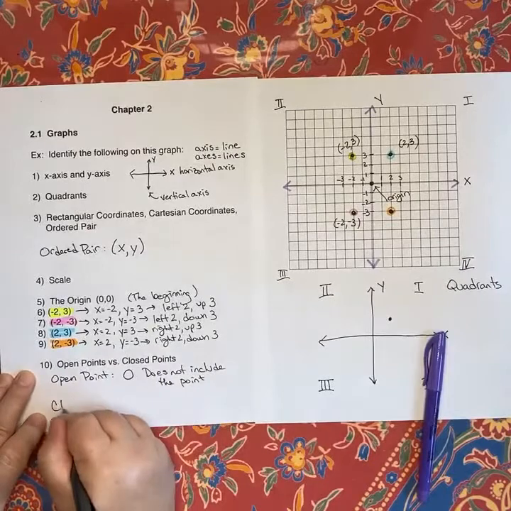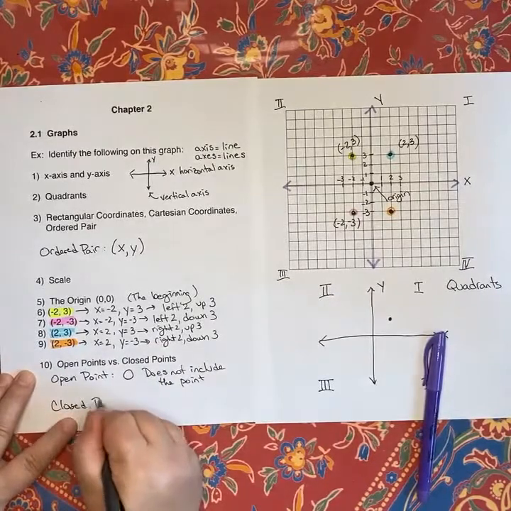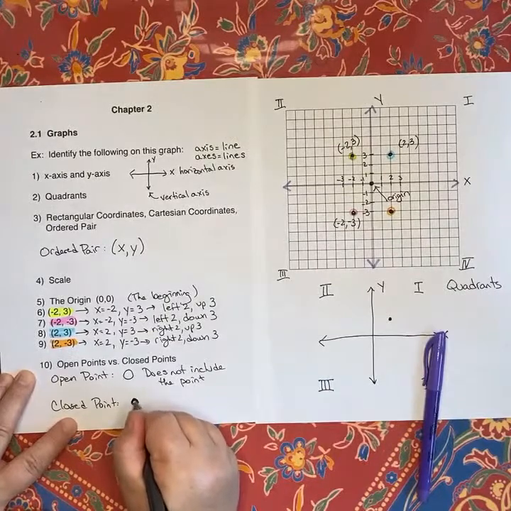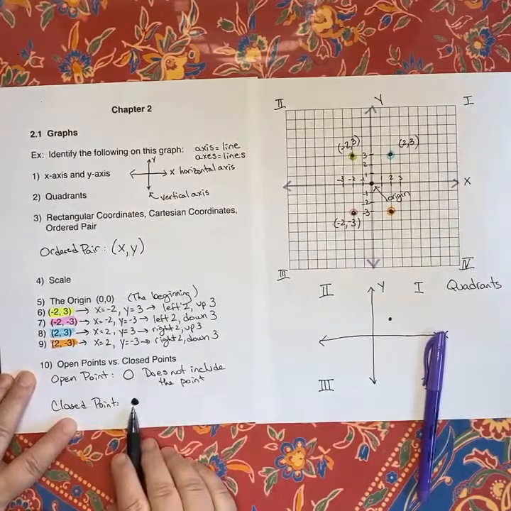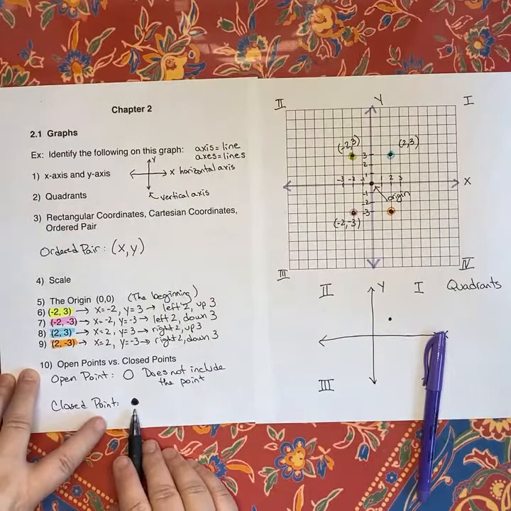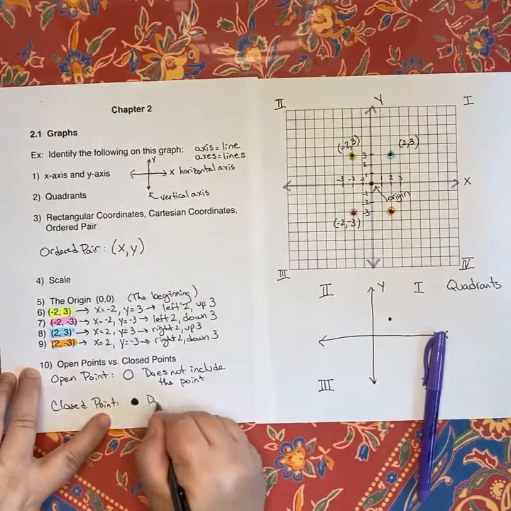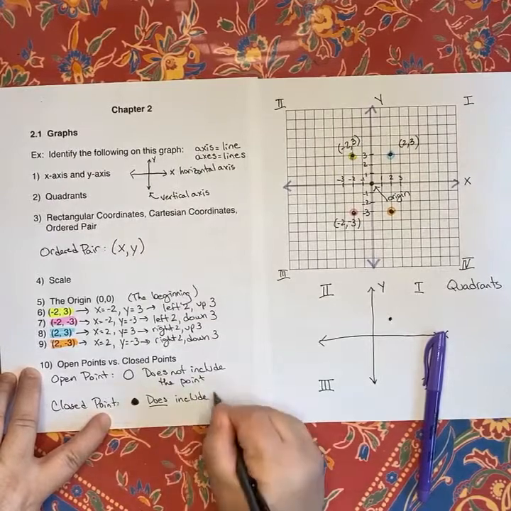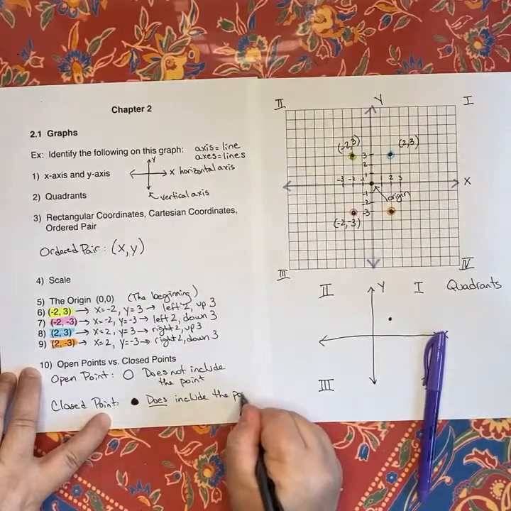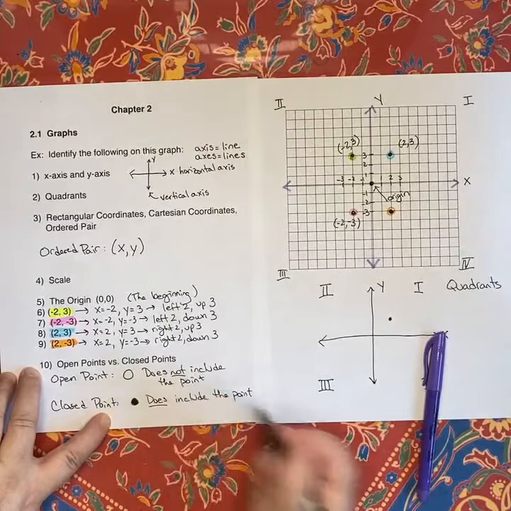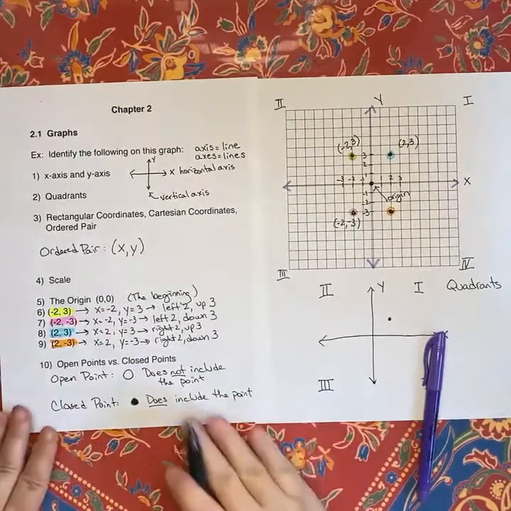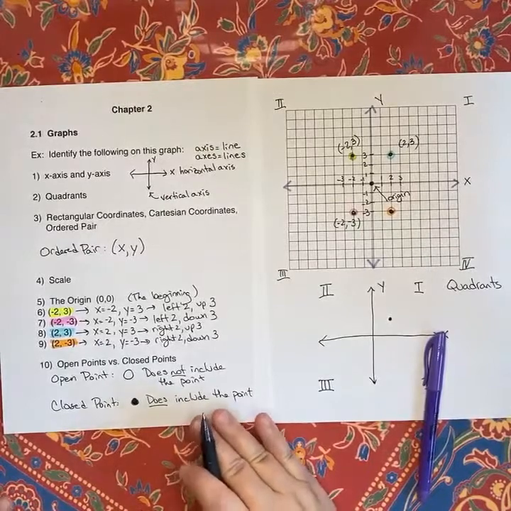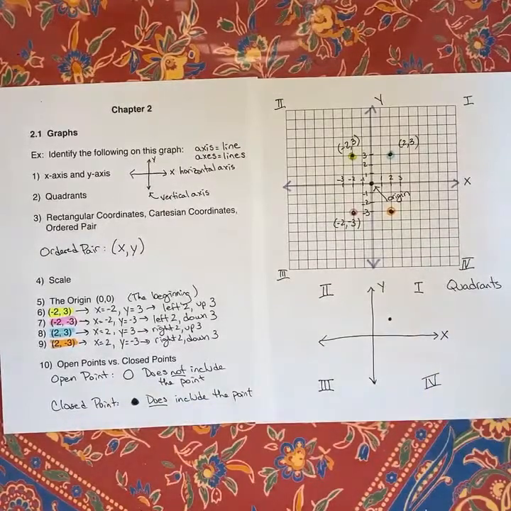And a closed point looks like this. So make sure when you're drawing your points, you fill them in completely if you mean that it's closed. It does include the point. And we use, this one does not, this one does. We will use this more as we move on. This is going to be really useful. Right now, that's just going to be a little reminder.